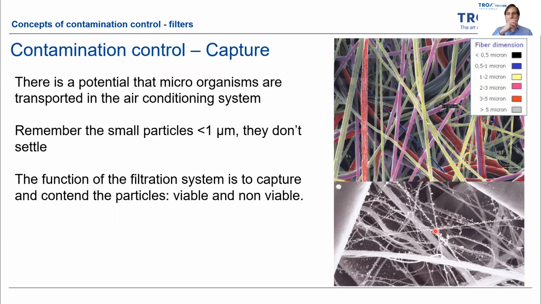And we will see the mechanisms that are the most important in filtration technology theory. And the nice thing about filters is that they capture, they don't care what is coming through. If it's a viable or non-viable particle, for the filter it's the same. So it will deal with them and capture these particles.